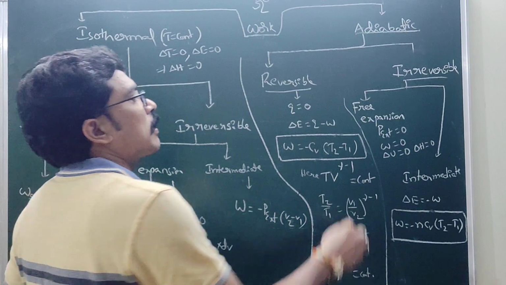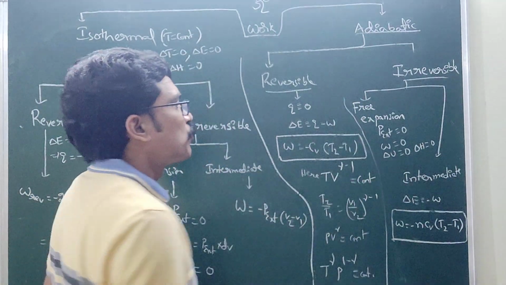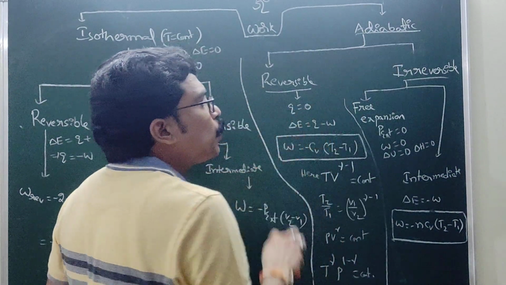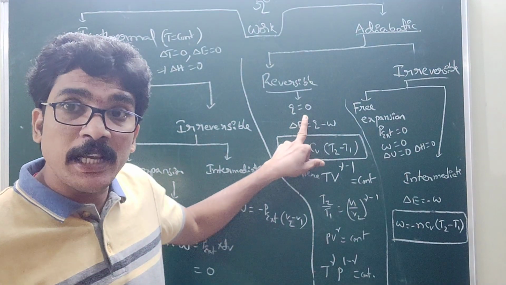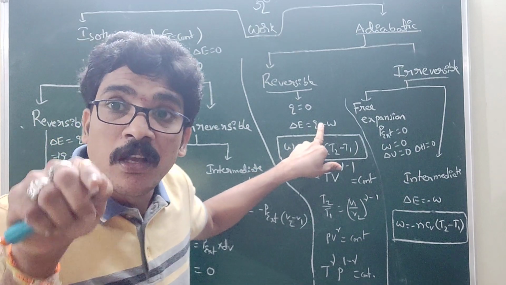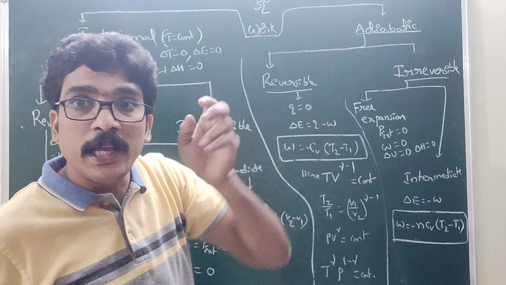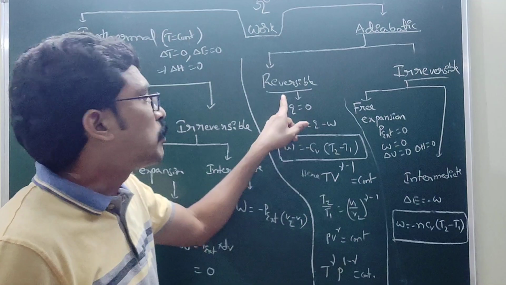According to IUPAC, change in heat is symbolized by small q. Small q becomes 0 for an adiabatic process.